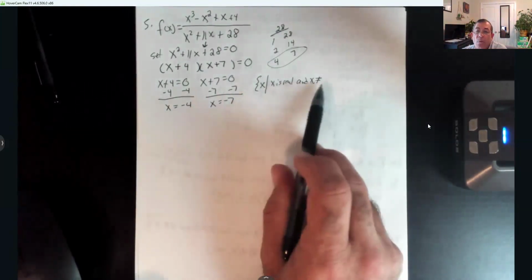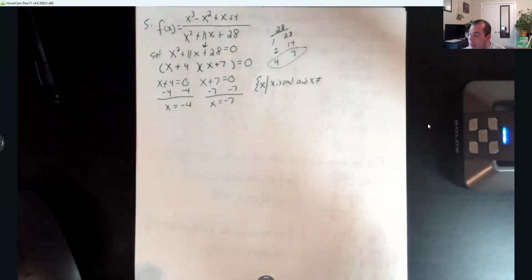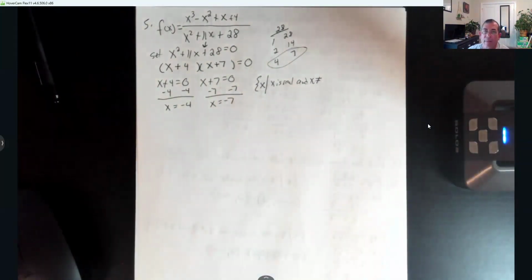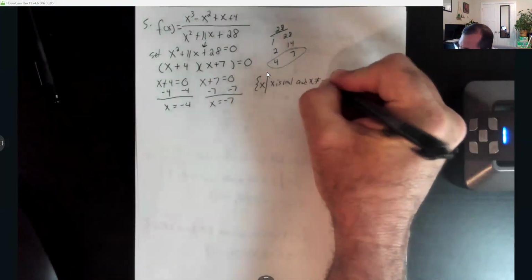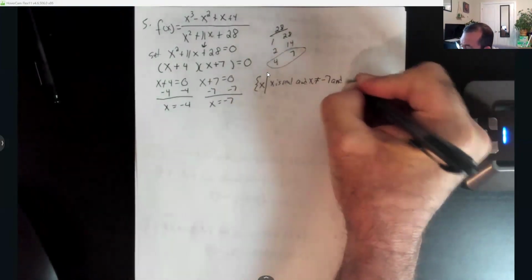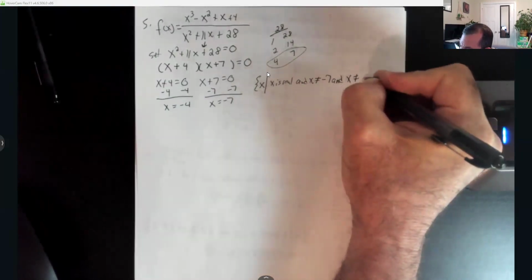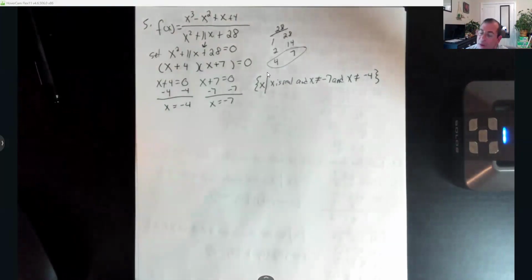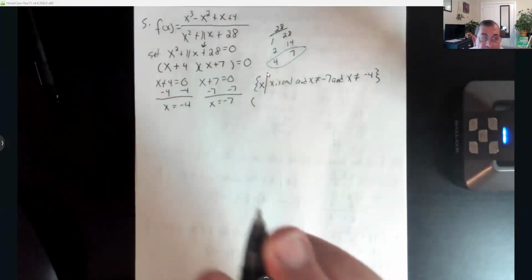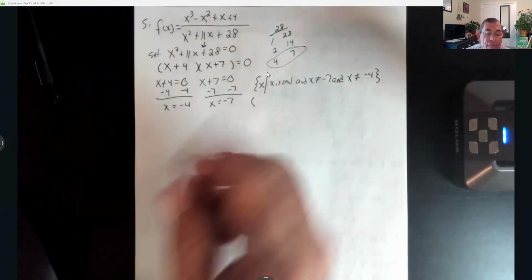Would you put the -4 first or the -7? I'm about to look at my chat and see what y'all are saying. Good job, Jackson. I would definitely put that -7 and then x cannot equal -4. If y'all don't get them in the right order, MathLab is definitely going to mark that one wrong, okay?